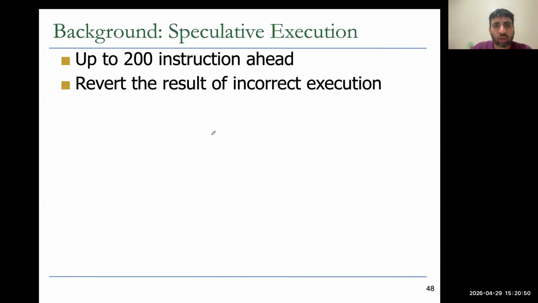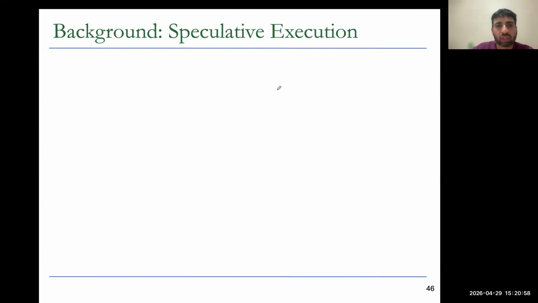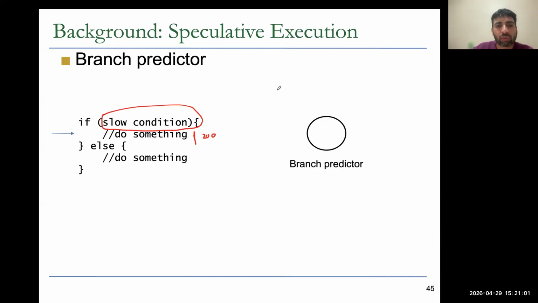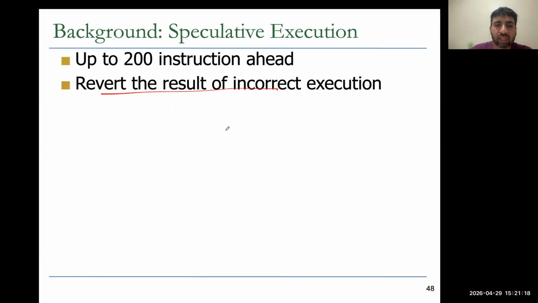So what if your prediction turns out to be wrong, right? In that case, you need to revert the result of the incorrect execution. Here, for example, you predicted that the branch will be taken, but it turns out to be a misprediction and actually it should not have been taken, which means that this other part was supposed to be executed. Then the 200 instructions or 100 instructions, whatever number of instructions you have executed, you need to revert their effect, right?